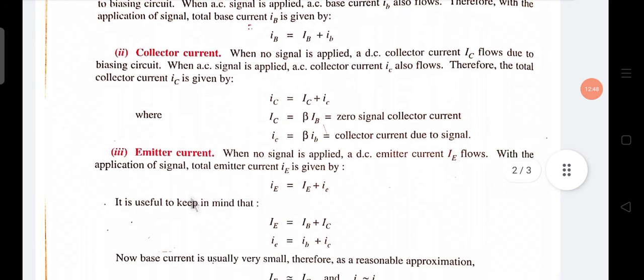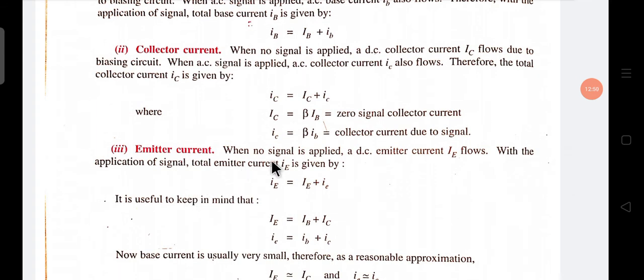Small ic also equals beta times ib, the collector current due to the signal. Then the emitter current. When no signal is applied, a DC emitter current IE flows, and similar things happen here also. So total emitter current equals DC IE plus AC ie.